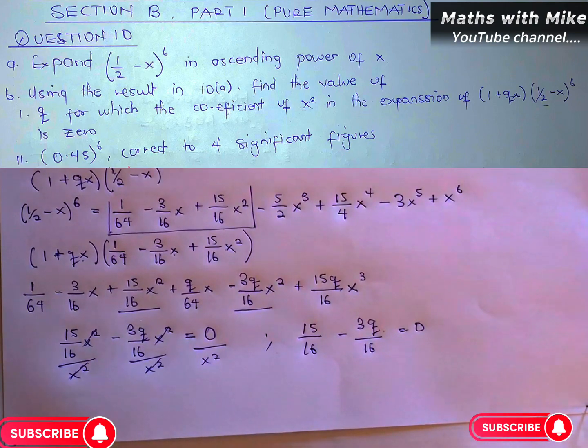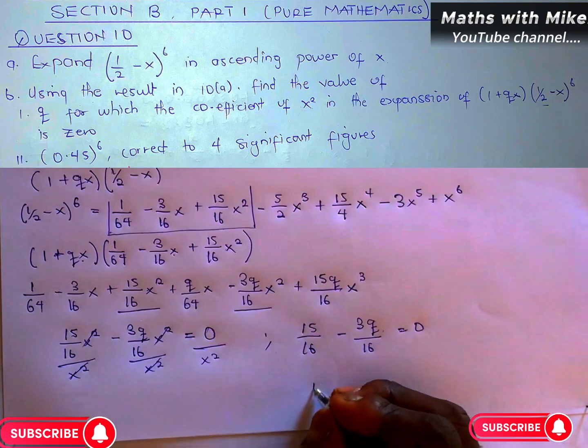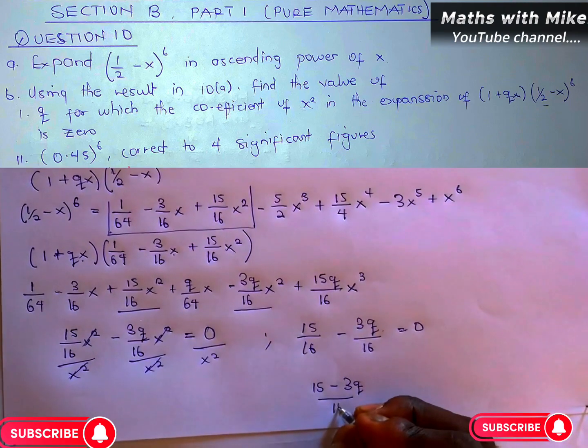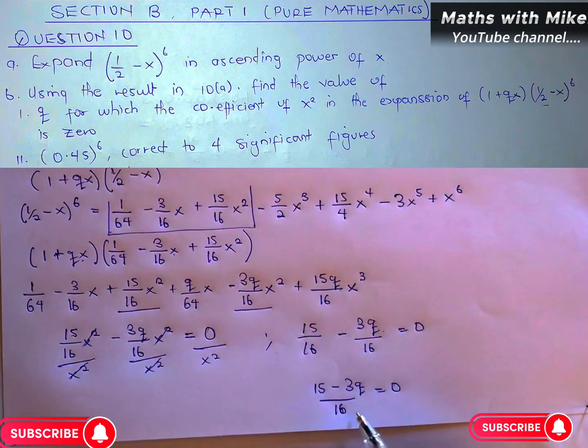So we will find the LCM. The LCM is 16. So we are going to get 15 minus 3q over 16 is equal to 0. So the 16 multiply 0, we still get 0.